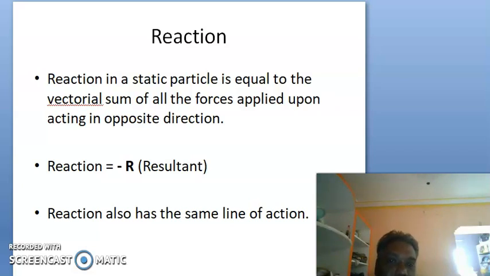When we say vectorial sum of all the forces, that is the resultant. So opposite to that resultant means reaction is equal to minus R vector, or minus of the resultant, or opposite of the resultant. So reaction must also have the same line of action as the resultant.